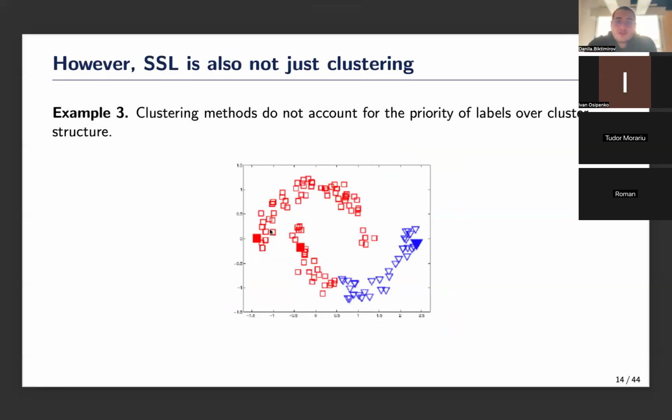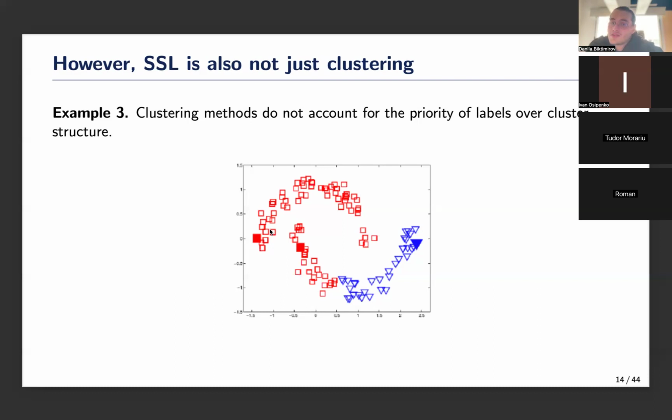This situation in semi-supervised learning is fundamentally different from clustering, and the two cannot always be reduced to one another.